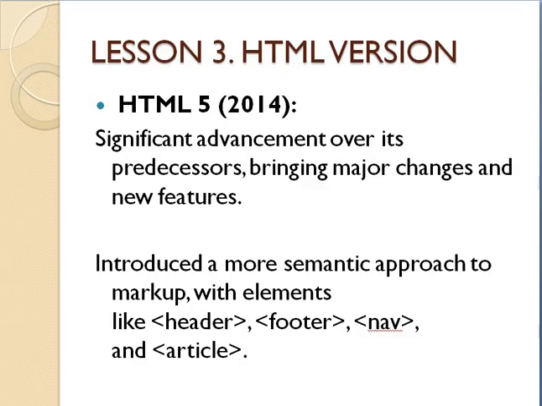It introduces a more semantic approach to markup with elements like header, footer, nav, and article. It has more features, but like I told you, we just want to briefly talk about the HTML version, just to know a little about it. If you want to know more, you can go online and search for more.